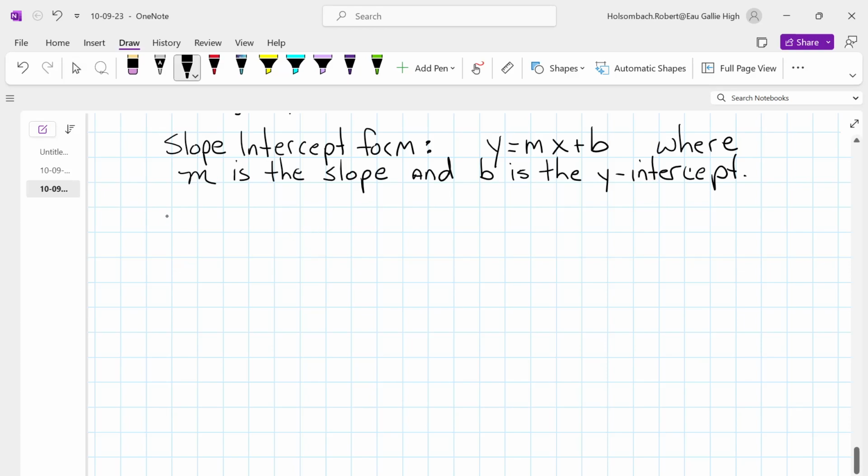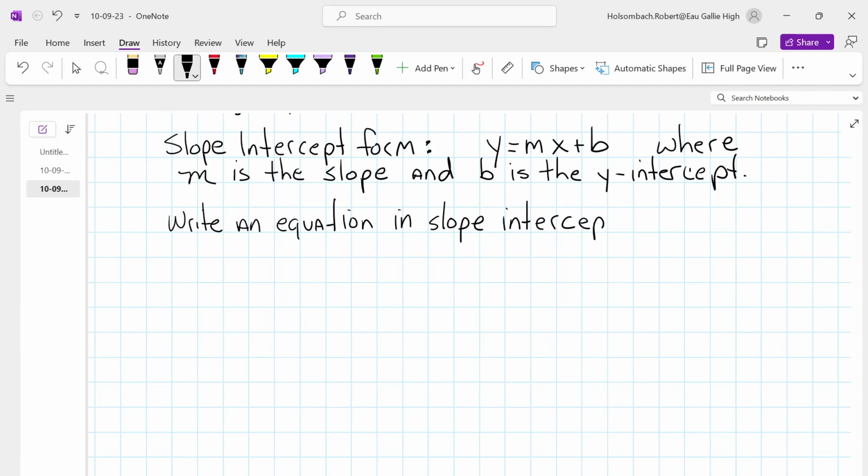So the first part of your assignment, you're going to be asked to write an equation in slope-intercept form and graph the line.